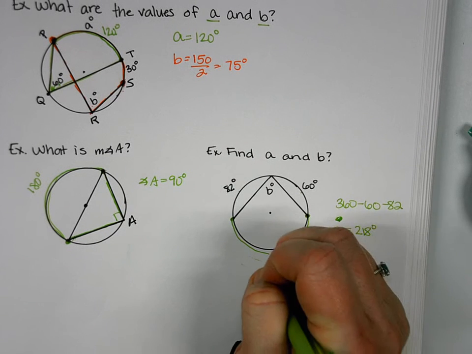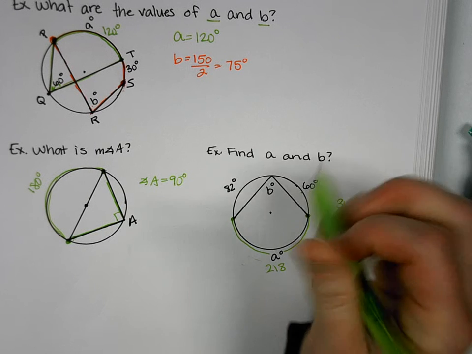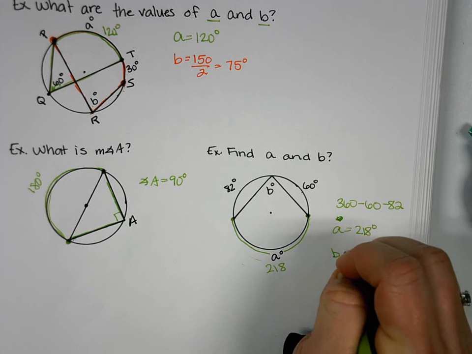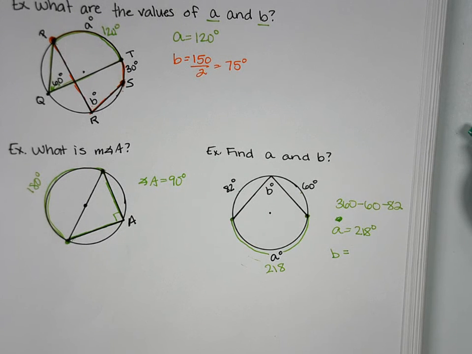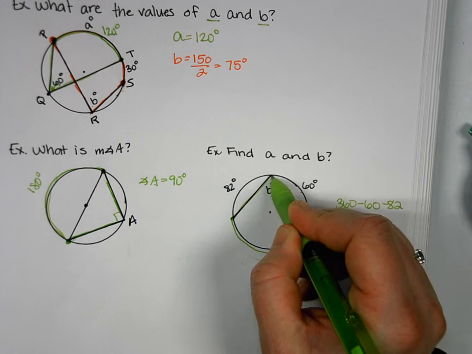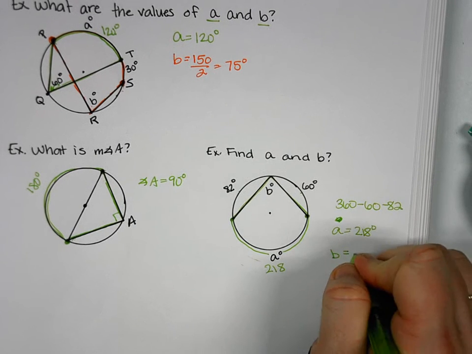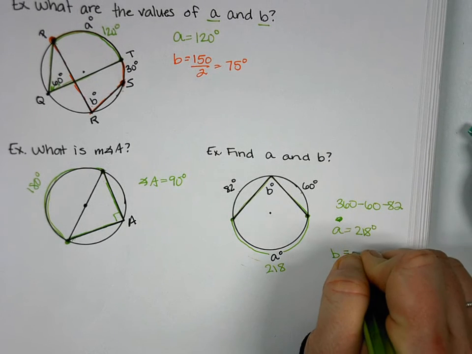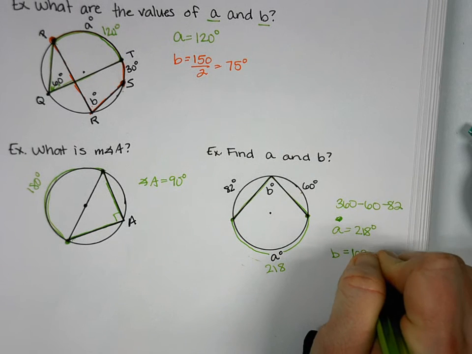Okay, so if this is 218, how does that help us find B? It's half of that, because B is the inscribed angle that intersects arc A. So what's half of 218? 109.